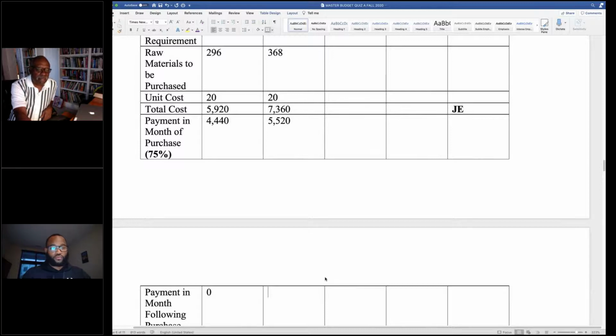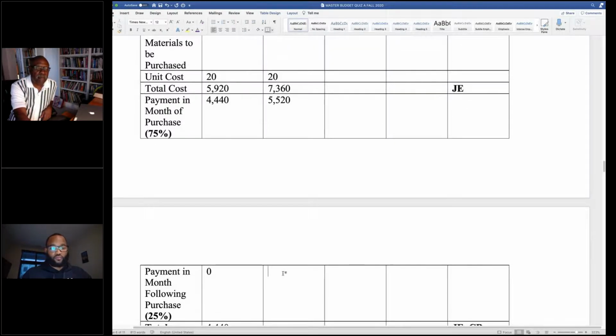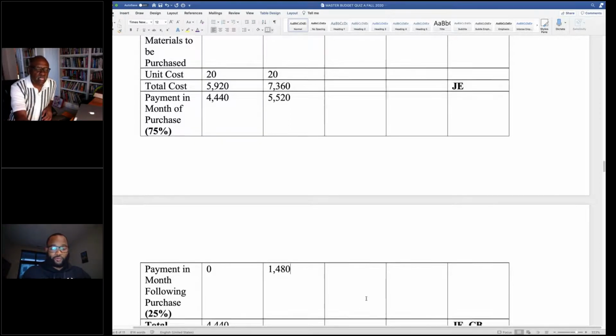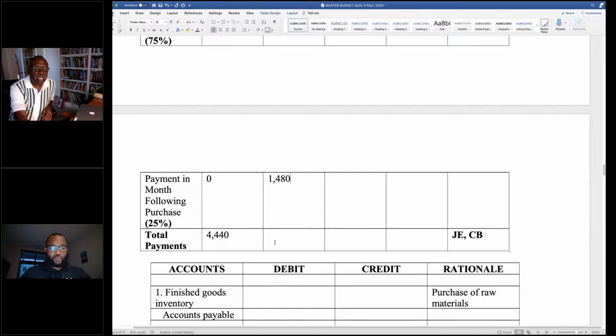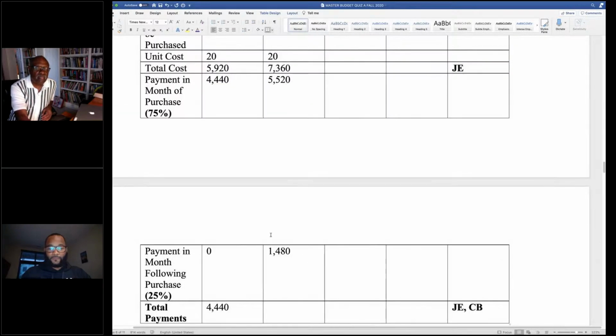What's 25% of 5,920? 1,480. We add those two together. 5,520 plus 1,480. Yes, $7,000 even.